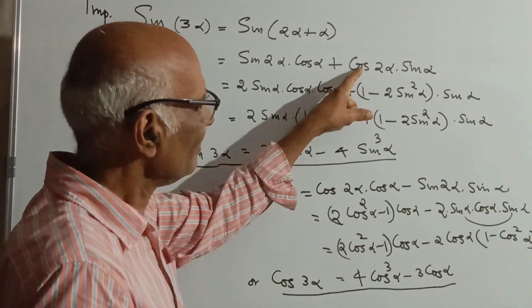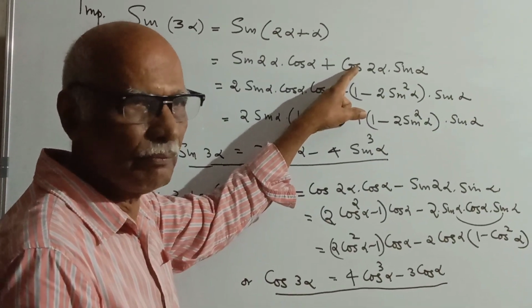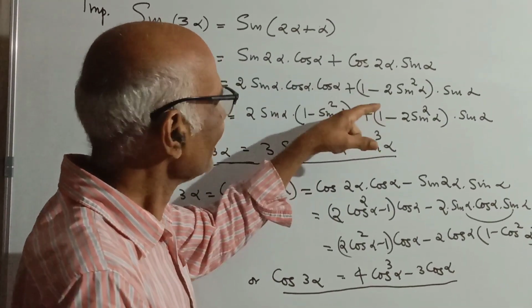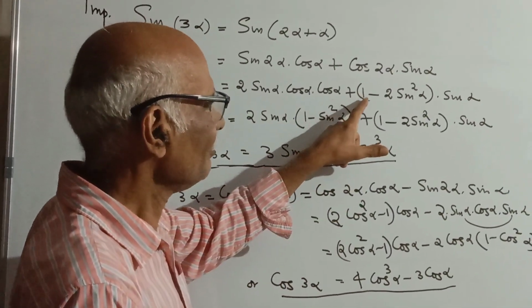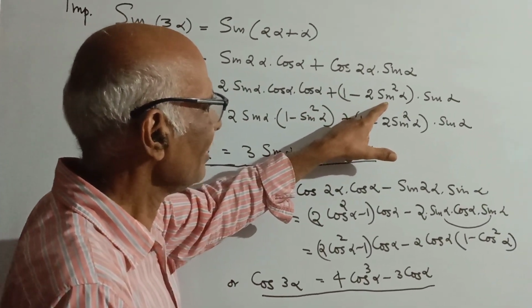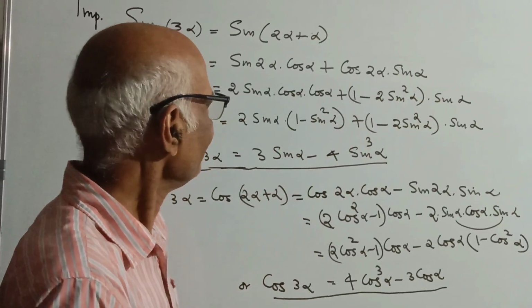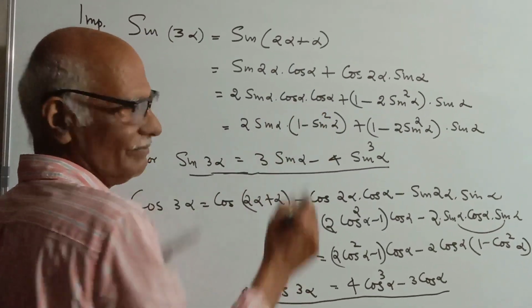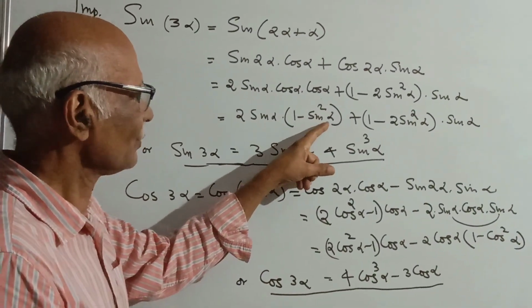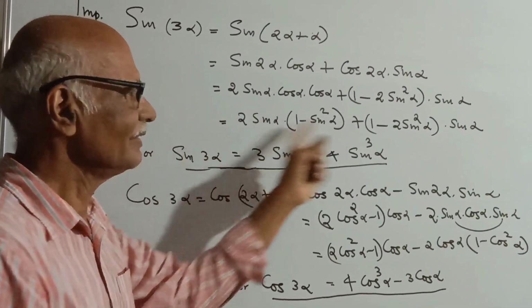Now cos 2 alpha has different values, but we take the value that contains sine because we are dealing with the sine. So we take the formula 1 minus 2 sine squared alpha, then multiplied by sine alpha. Now here you can see cos squared alpha, cos alpha into cos alpha, that is 1 minus sine squared alpha. Now you see everything is in sine.